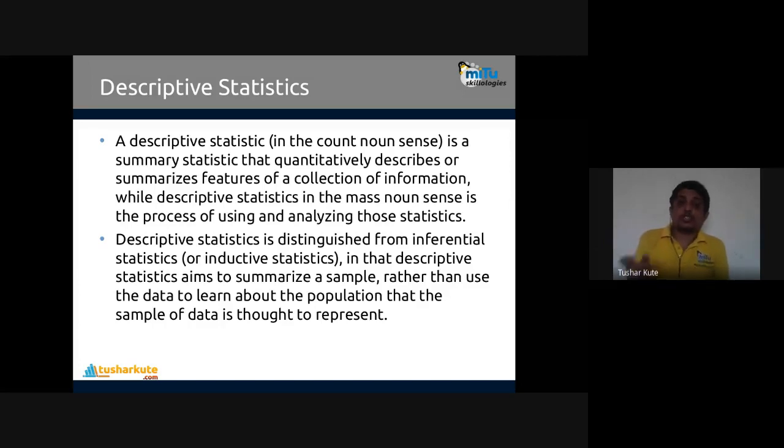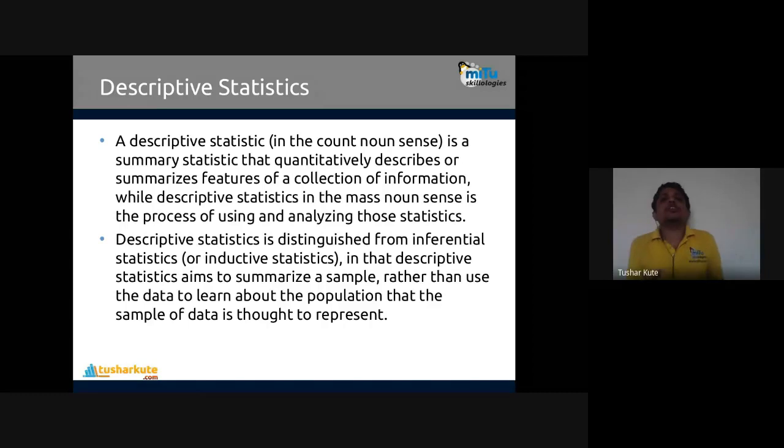Descriptive statistics is distinguished from inferential statistics, which is called inductive statistics, in that descriptive statistics aim to summarize a sample rather than use the data to learn about the population that the sample of data is thought to represent. We can think of it simply. 100 persons are there.